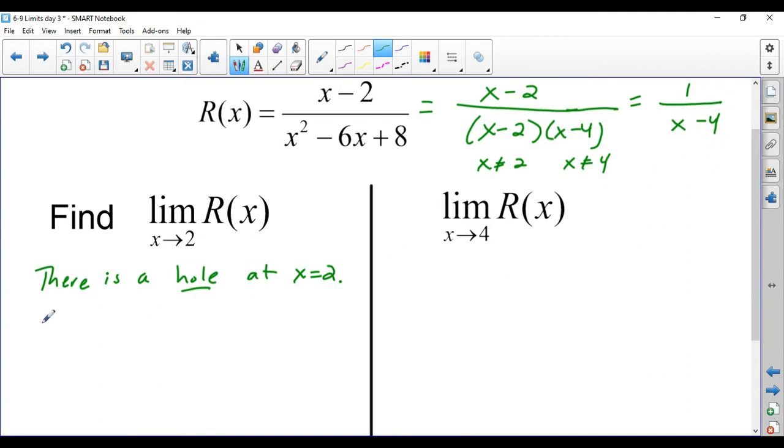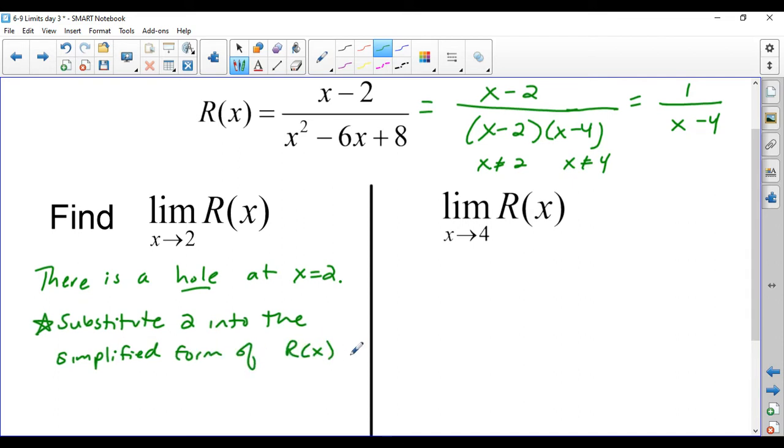So what you can do when there is a hole is you substitute the c value 2 into the simplified form of r of x. So I can take the 2 and plug it into this function, and I get that the limit as x approaches 2 of r of x is 1 over negative 2, or negative 1/2.